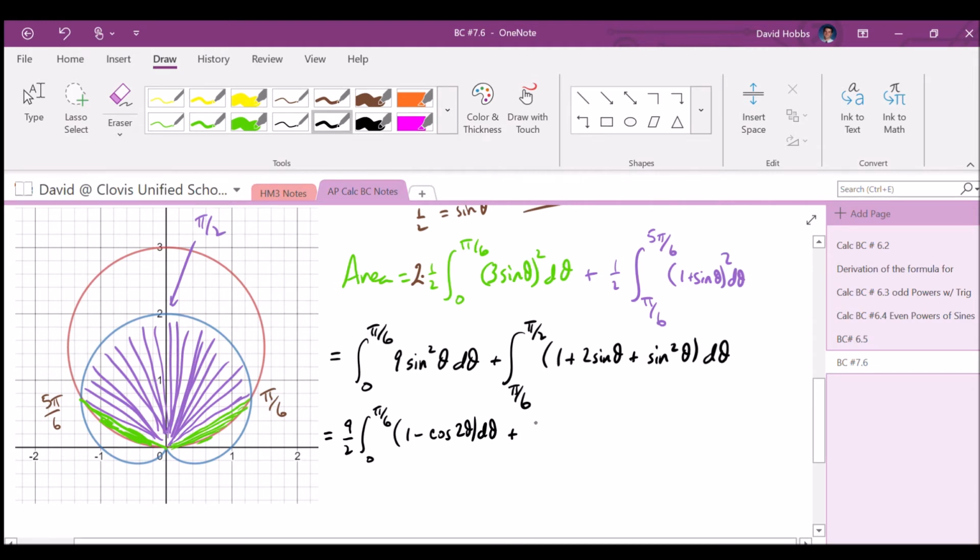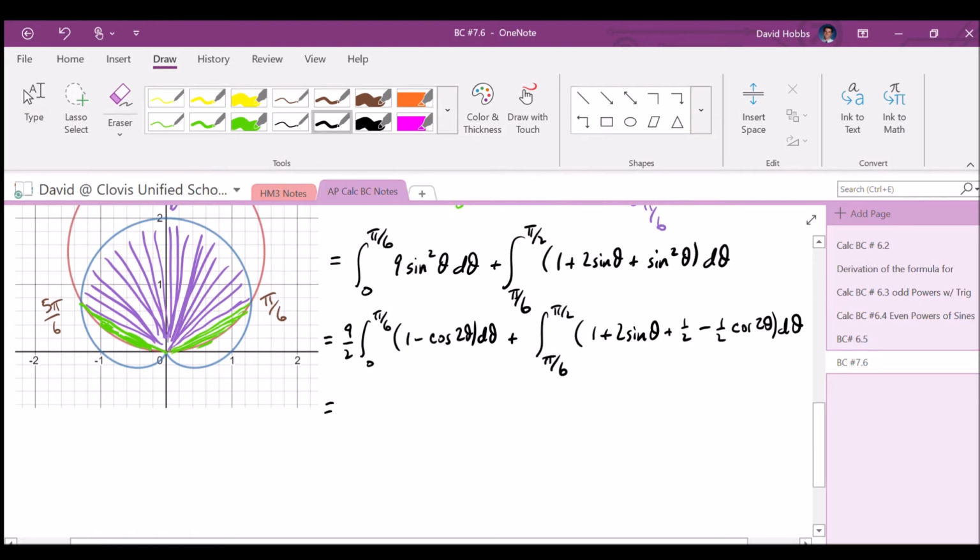And okay, so over here we have pi over 6 to pi over 2, and we have 1 plus 2 sine theta. Okay, the sine squared right here, half angle formula substitution, and so I do have plus 1/2 minus 1/2 cosine 2 theta d theta.